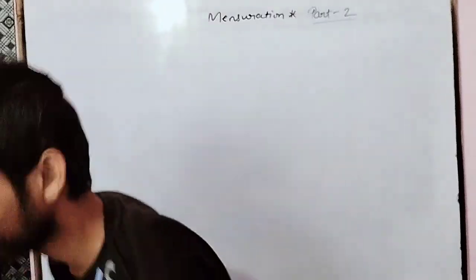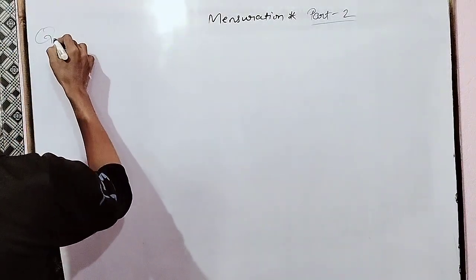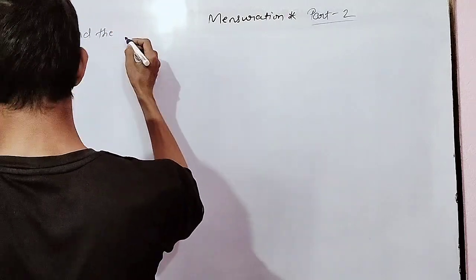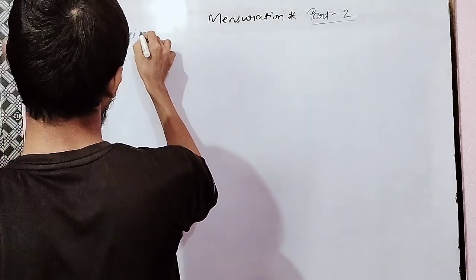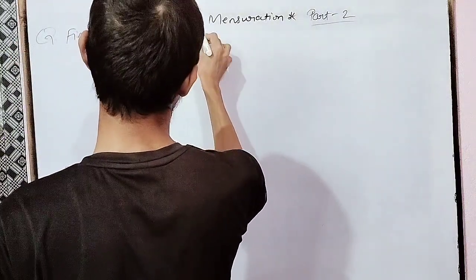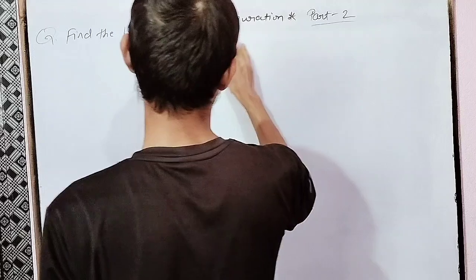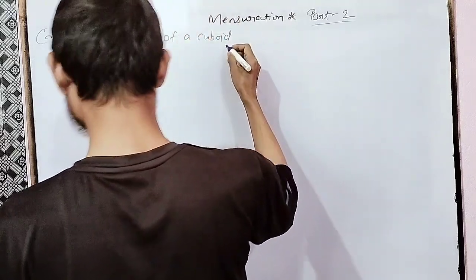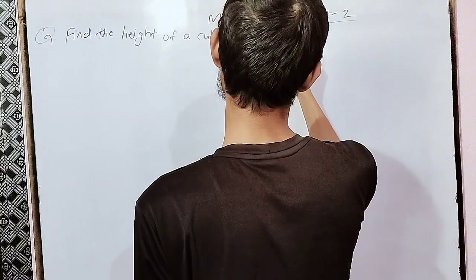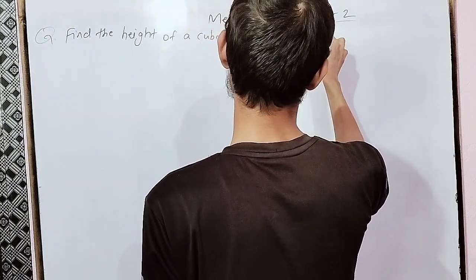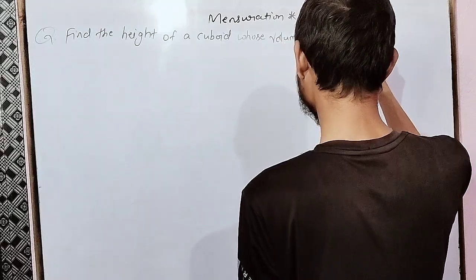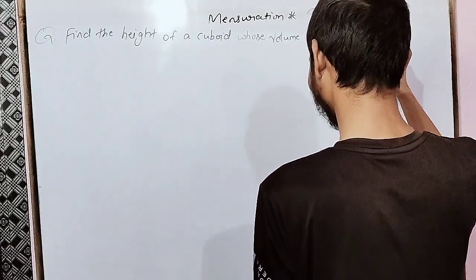Find the height of a cuboid whose volume is 27.5 centimeter cube.